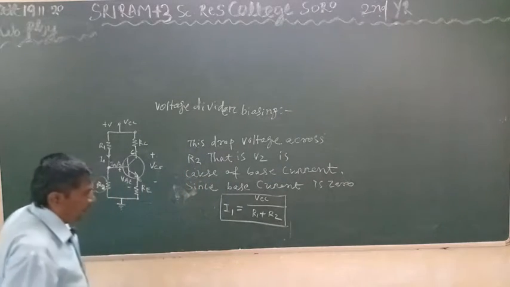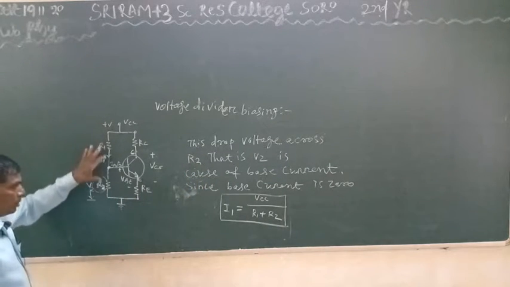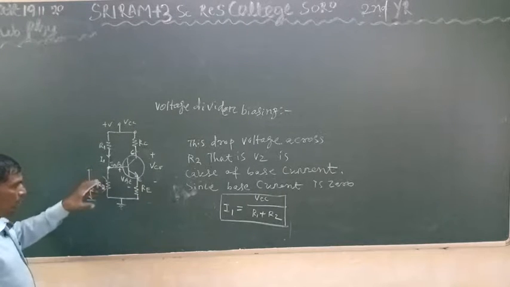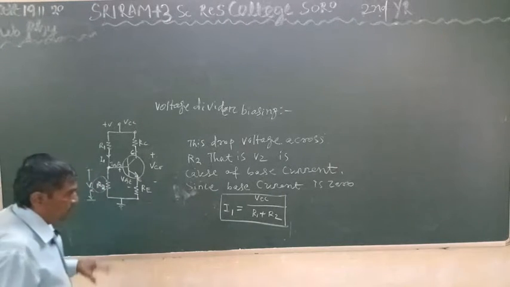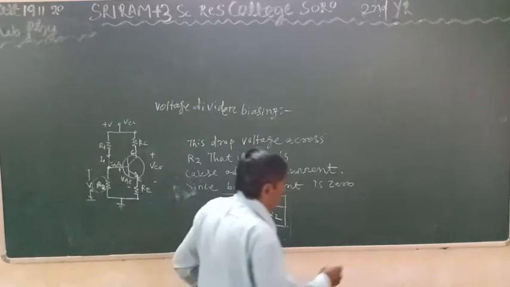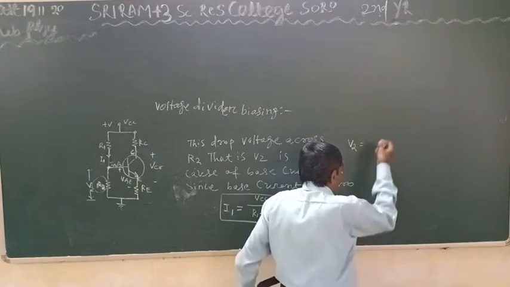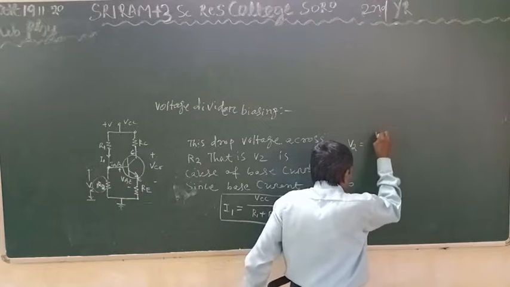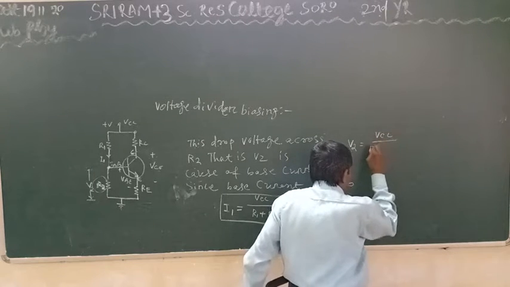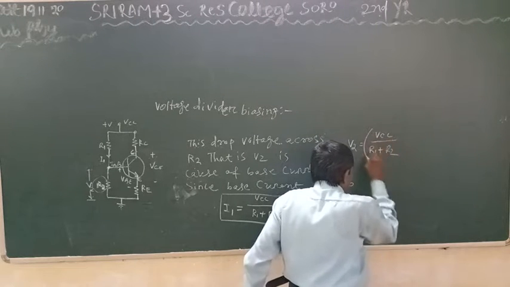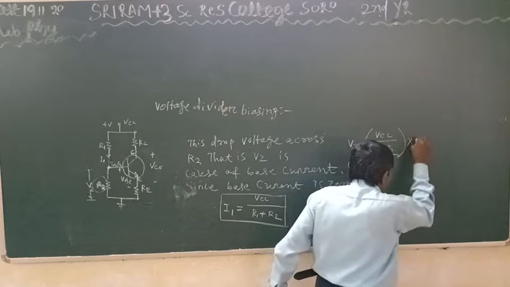Now with this current flowing through this circuit, we calculate the voltage drop across R2 as V2. Now V2 equals VCC divided by R1 plus R2, that is the I1 current, into R2.